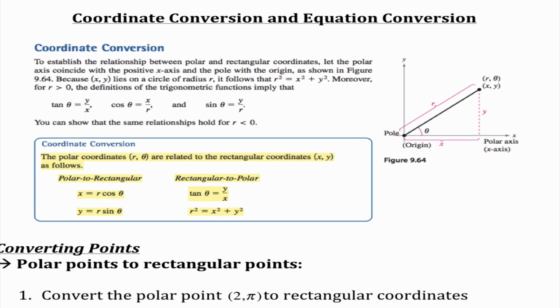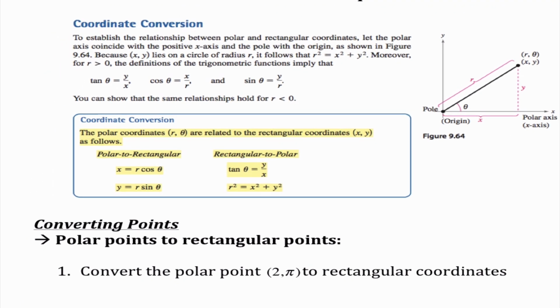Moreover, we can also use our trig functions to help us out. So tan of theta is opposite over adjacent, cosine would be adjacent over hypotenuse, and sine would be opposite over hypotenuse. So if we look at the coordinate conversion, these are 4 things you guys need to absolutely have memorized.